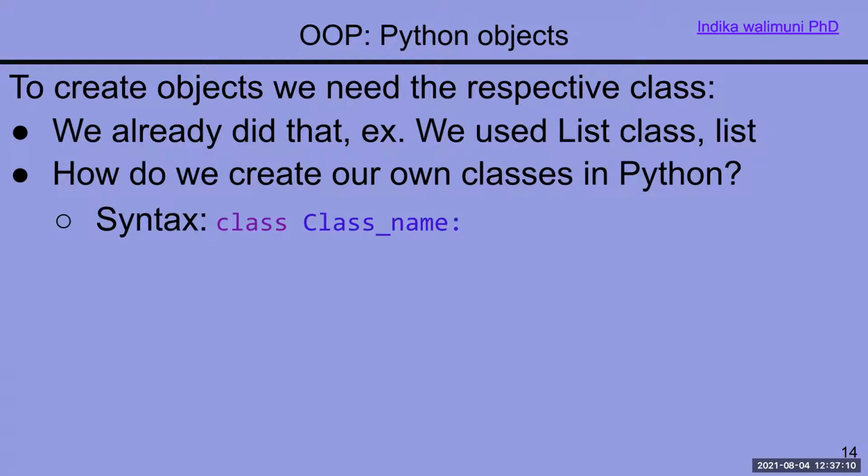The syntax starts with the class keyword and then the class name. As a standard convention, the class name must start with a capital letter, and if there are more portions to the name, we separate them with an underscore. It ends with a colon.